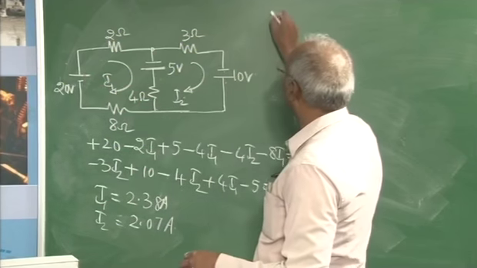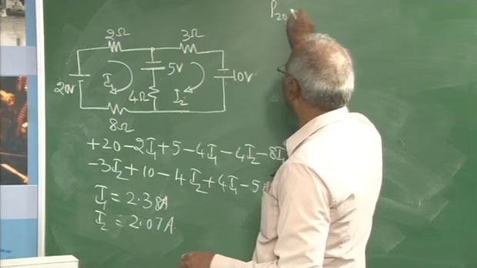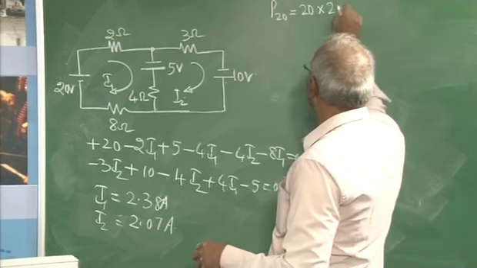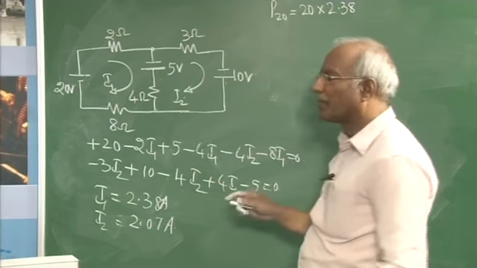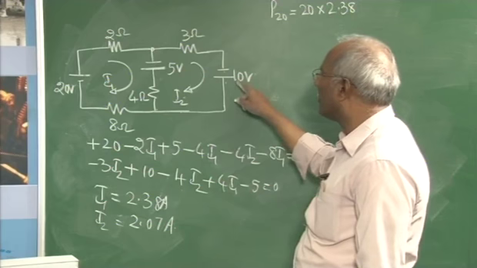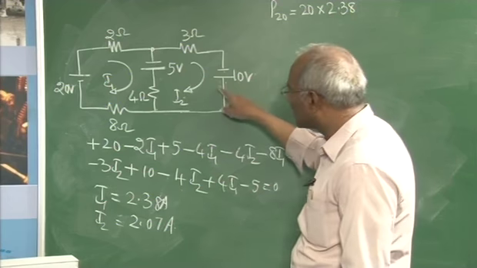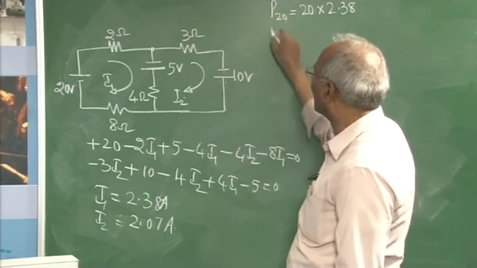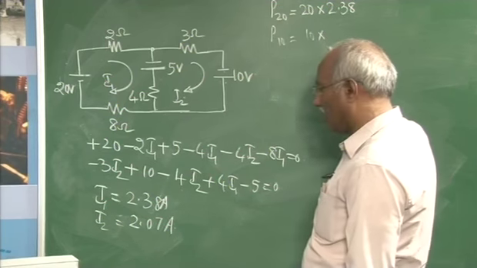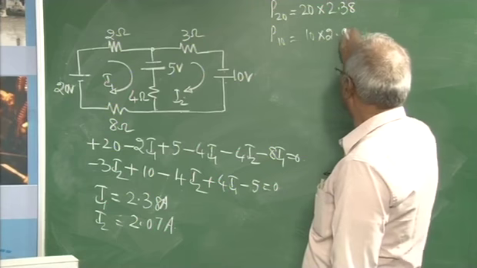So what's the power supplied by the 20 volt battery? This will be equal to 20 into the current, that's 2.38 amperes. When it comes to the power here, the current is coming out of the battery, therefore P10 must be equal to 10 into I2. I2 is nothing but 2.07.